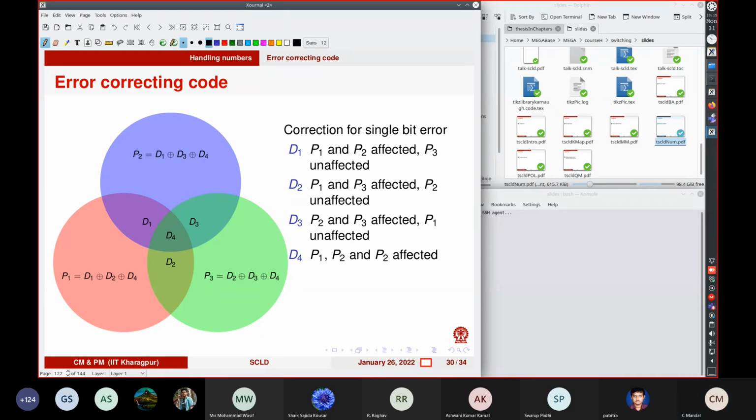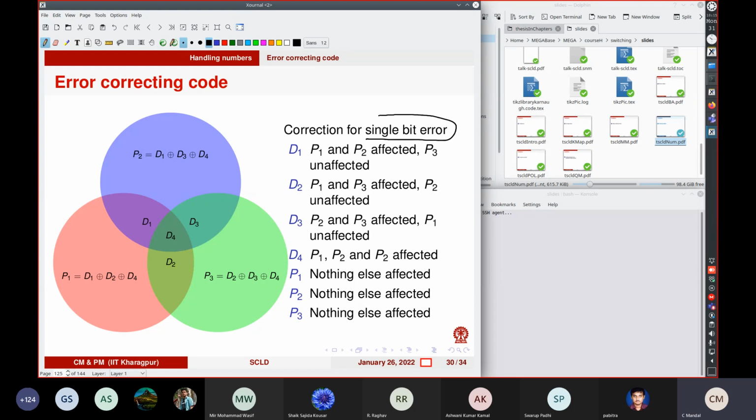Our assumption is that there is only a single bit error. So if just one of the parity bits is affected, that will be the only parity bit affected. Nothing else will be affected, because our assumption is that there is only a single bit error.